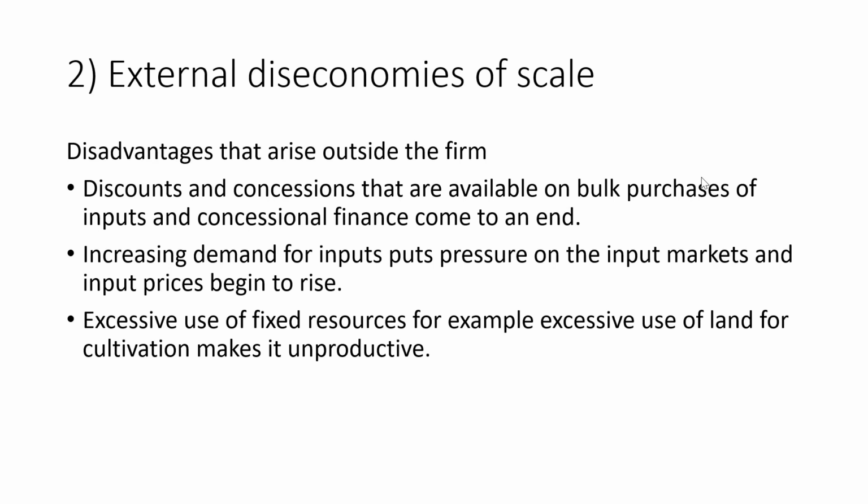The more you increase the scale of fishing, the catch of the fish will not increase according to the increase in the scale of fishing. So those arise out of the excessive use of resources, especially natural resources.